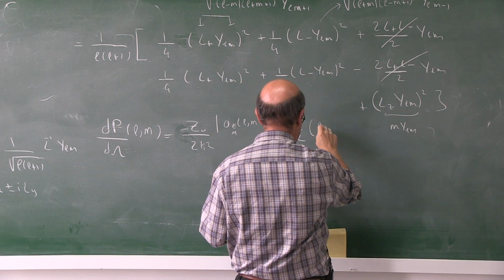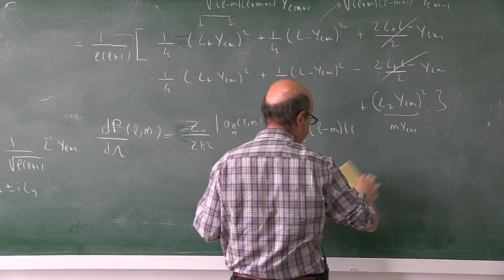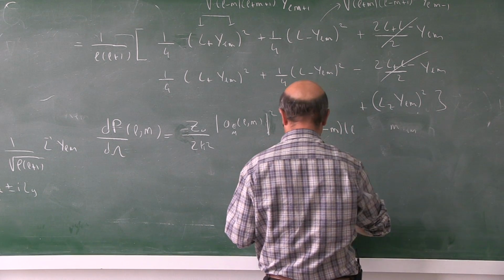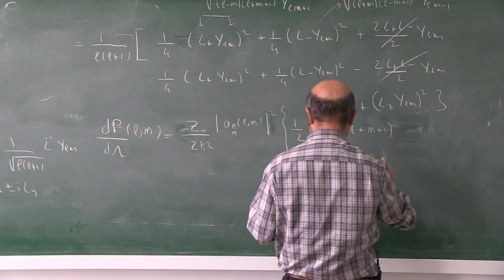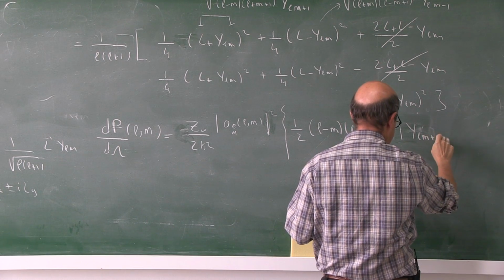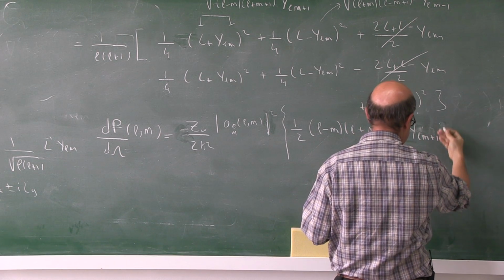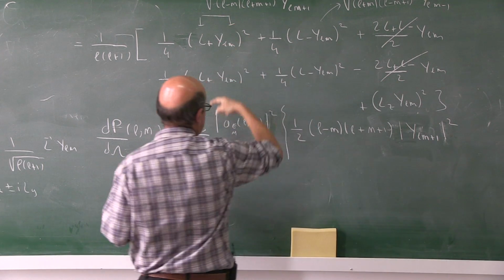have the following formula: (L minus M)(L plus M plus 1) |Y_{L,M+1}|². This is the first term, the square of the first term.